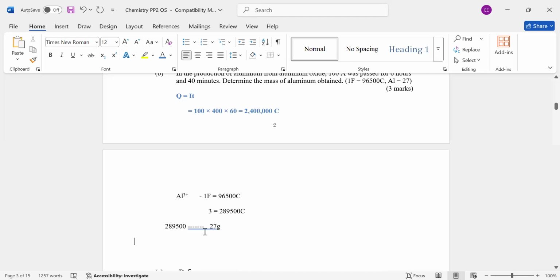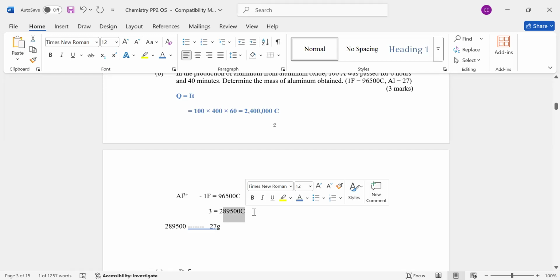I want to believe that you can see that this one is almost like something that you're not calculating. This is something that is almost automatic, because we know that the Faraday normally does not change. 1 Faraday is 96,500. We know that aluminium is 3 positive, so the number of electrons there is 3. We get the total number of Faradays there, we'll get 289,500.